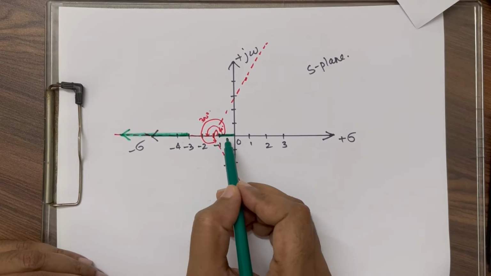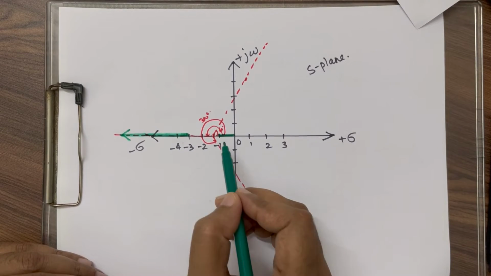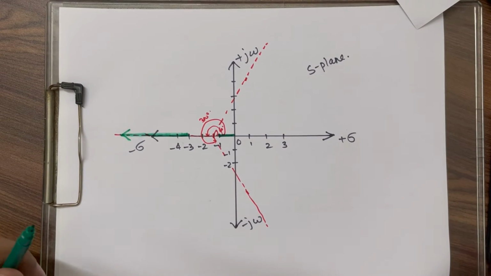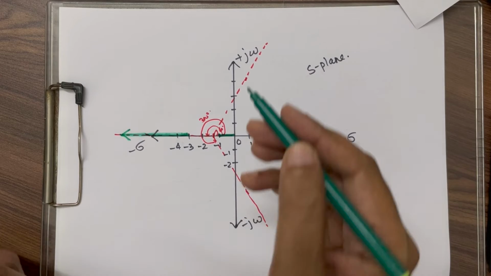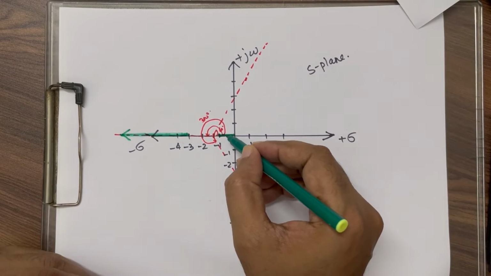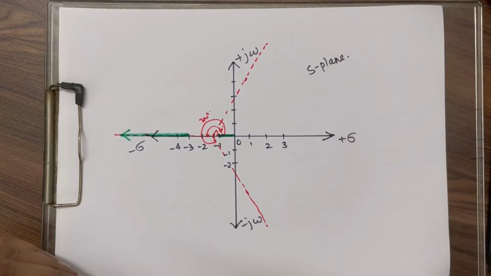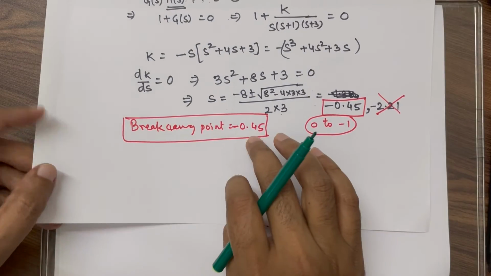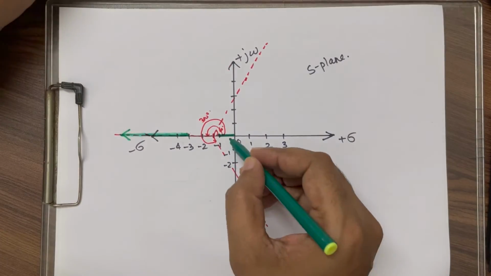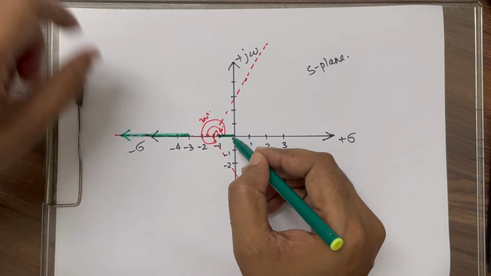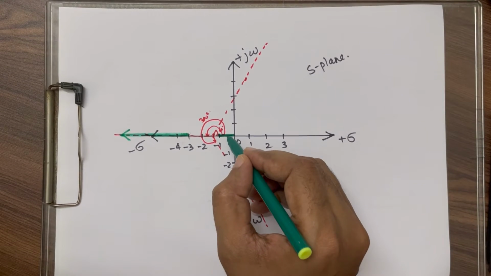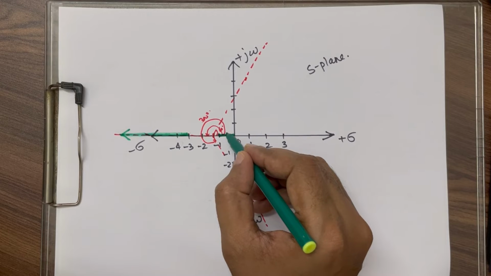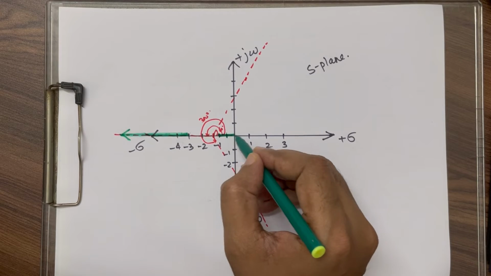Once it reaches between 0 and -1, it is going to break away. As you know, the breakaway point is -0.45, which we have calculated. This is the breakaway point, near the middle, a little bit towards this side.